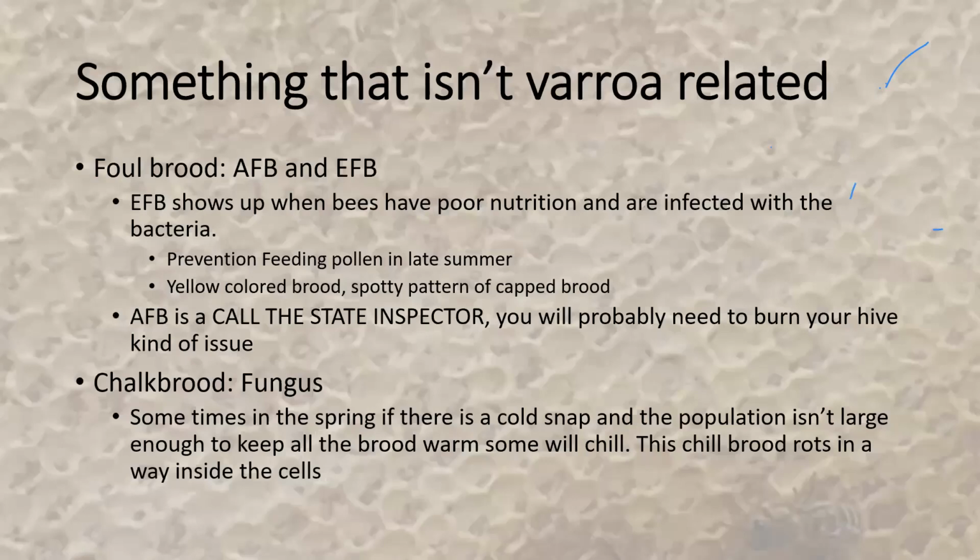Something that is more common is chalk brood. Chalk brood is a fungus that happens sometimes in late spring when there's a cold snap and the population isn't large enough to keep all of the brood in the hive warm. So some of it chills.